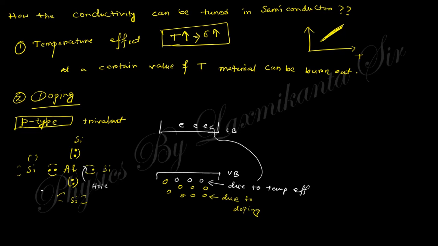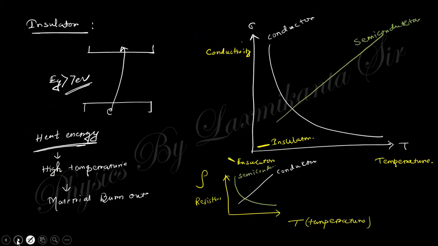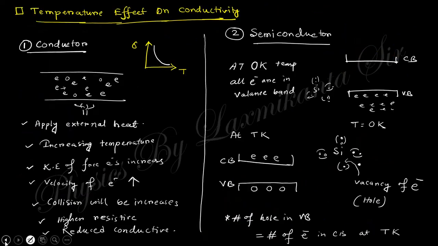So you can say the number of holes is larger than the number of electrons. In the previous case, the number of holes and the number of electrons are equal. That's why you can say the Fermi energy level is in between like that. So this is the EF, Fermi energy level.